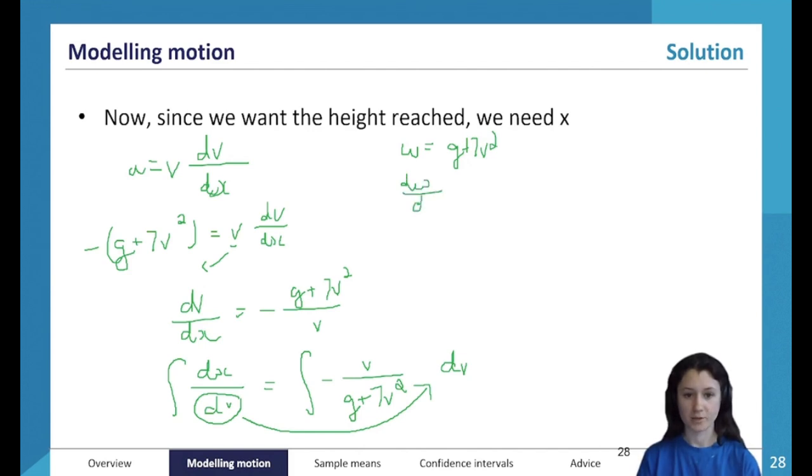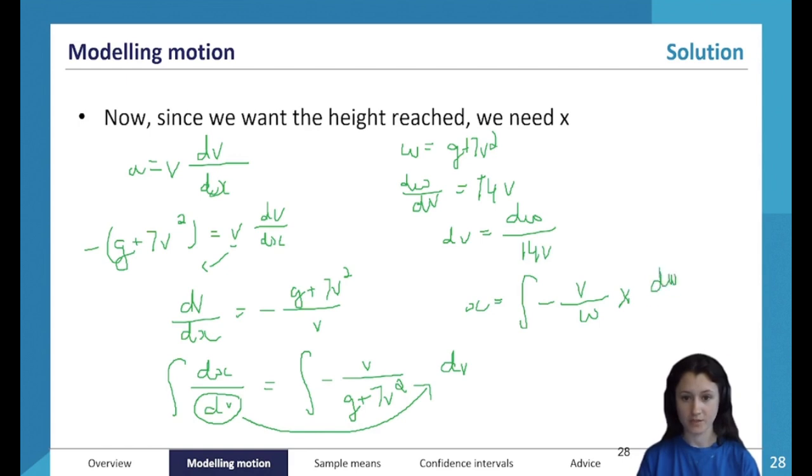We find the derivative, we would have 14v. Get dv by itself. Substitute this back in. x is equal to the integral of negative v over w multiplied by dw on 14v. As you can see, those two v's cancel out.